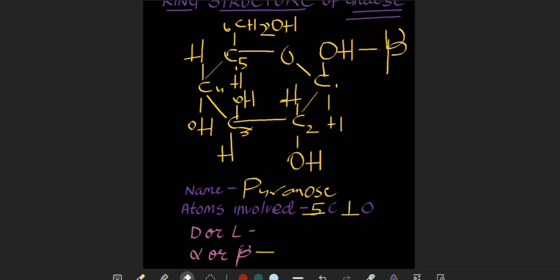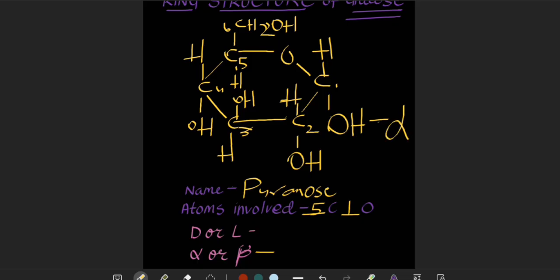Now if I remove this OH and then I put OH over here and then put an H over here, that means I'm going to call this pyranose structure the alpha structure.